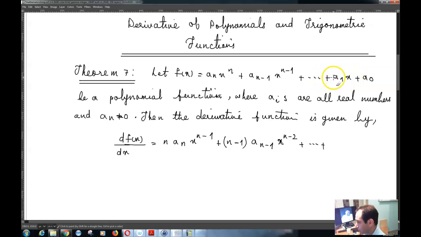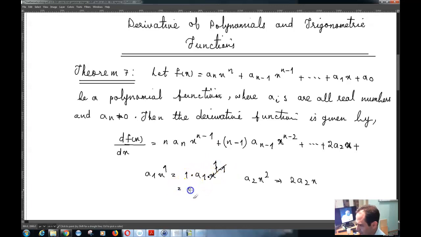So before this term I would have a of 2 x raised to the power 2, so the derivative of this would be 2 times a of 2 x raised to the power 1, which I can write over here as 2 times a of 2 times x, plus then I have a of 1 x raised to the power 1, which is the same thing as 1 times a of 1 x raised to the power 1 minus 1, so this becomes x raised to the power 0, which is equal to 1, and you get a of 1 over here.